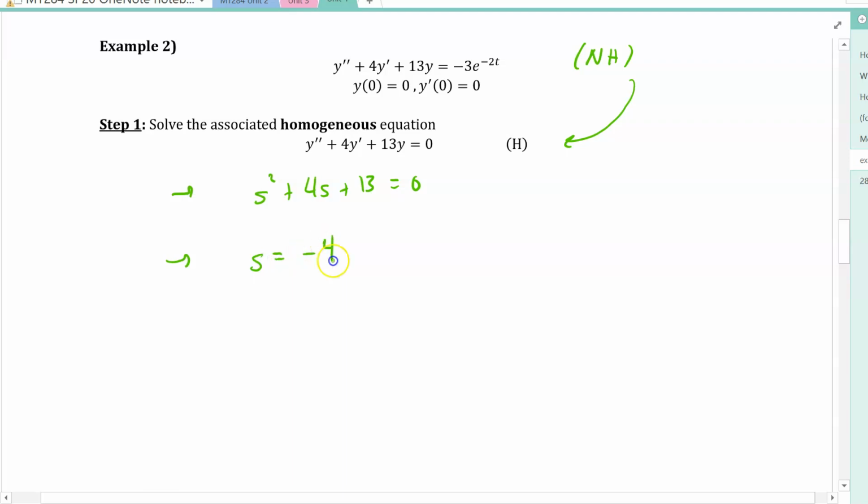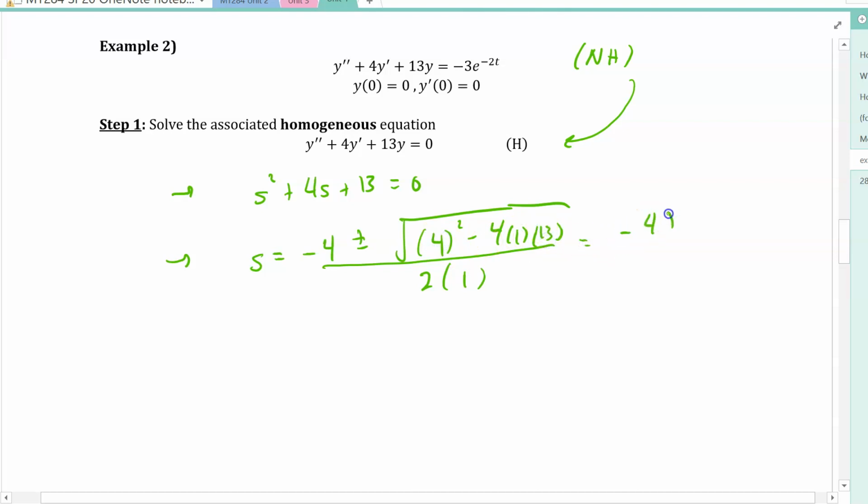So we're going to get negative b, which in our case is 4, so negative 4 plus or minus the square root of b squared minus 4 times a times c, all divided by 2a. Alright, a is 1, b we said was 4, c is 13.